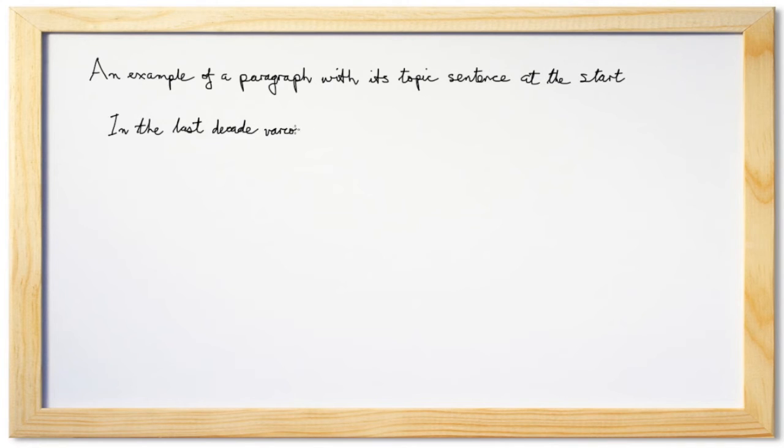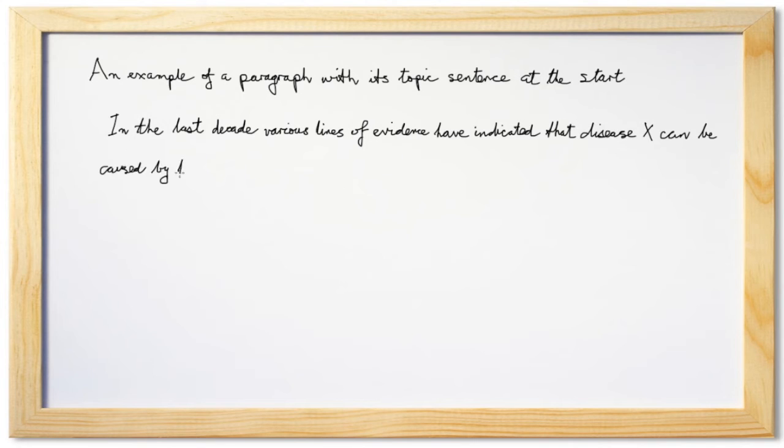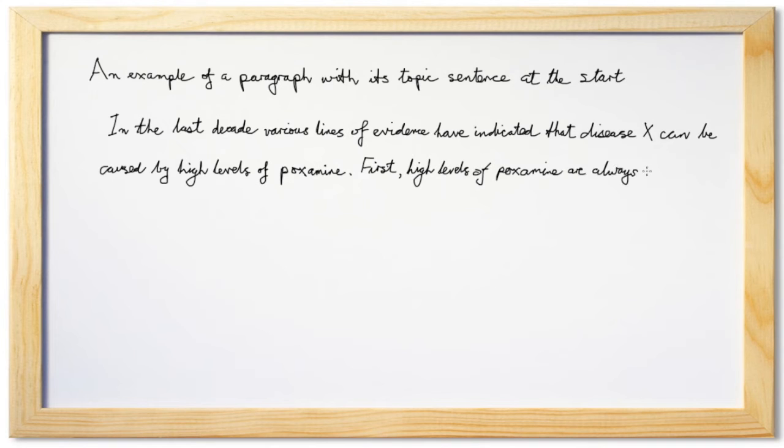Now let's look at a paragraph where the topic sentence is indeed right at the very start. In the last decade, various lines of evidence have indicated that disease X can be caused by high levels of poxamine. First, high levels of poxamine are always reported in people with the disease.